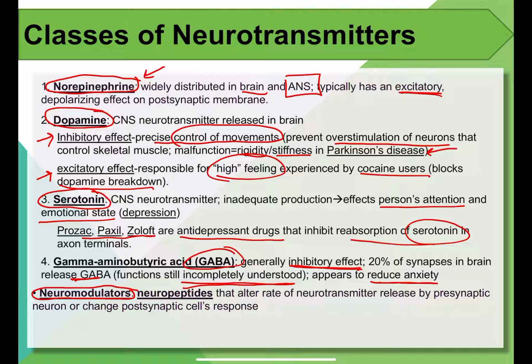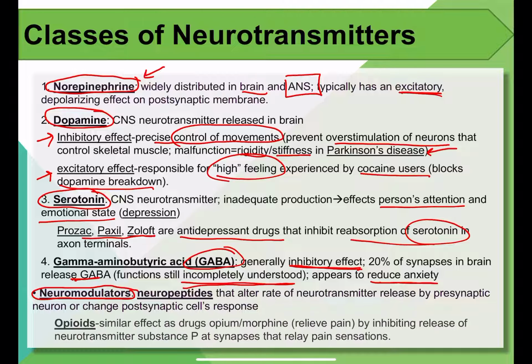Other than neurotransmitters, there's another group of chemicals called neuromodulators. What neuromodulators are, they are neuropeptides that can alter how much of the neurotransmitter is being released by the presynaptic neuron into the synaptic cleft. Okay? For example, opioids are an example of a neuromodulator. Drugs such as opium or morphine, we all know they're for relieving pain.